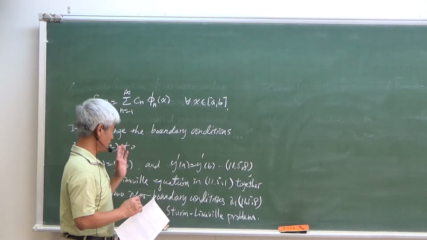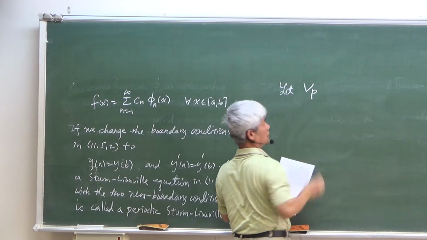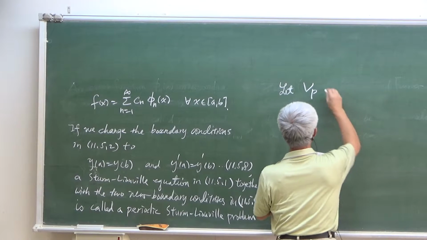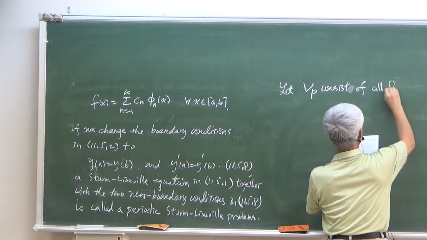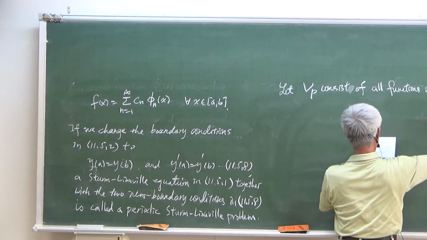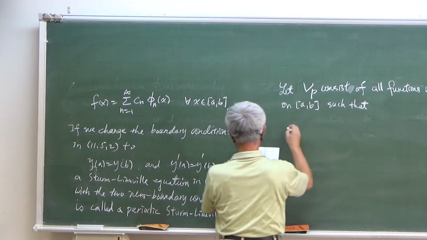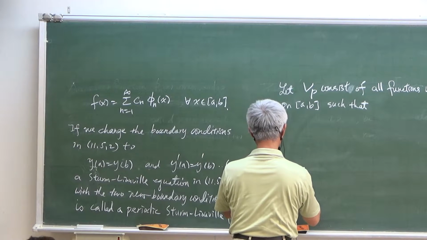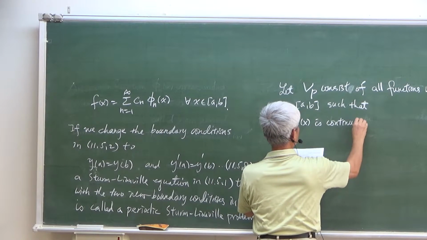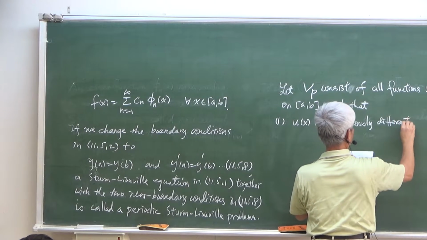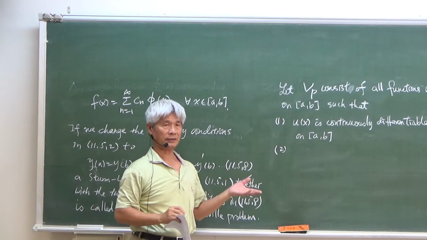Okay, so when we face a periodic Sturm-Liouville problem, the vector space of functions we consider will consist of functions u such that, one, u of x is continuously differentiable on [a, b]. So u of x has a derivative, and the derivative is continuous.